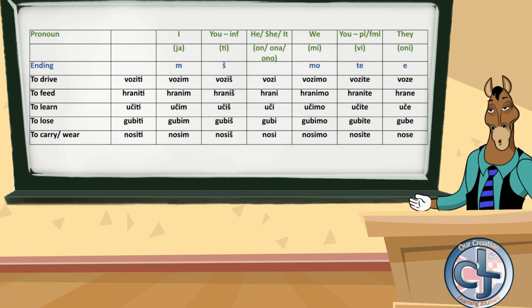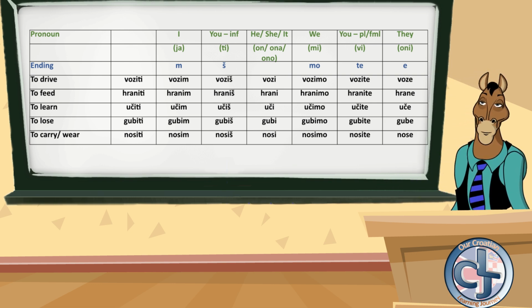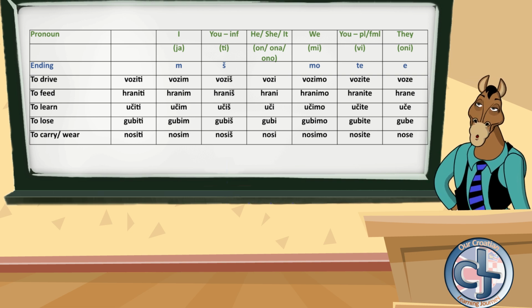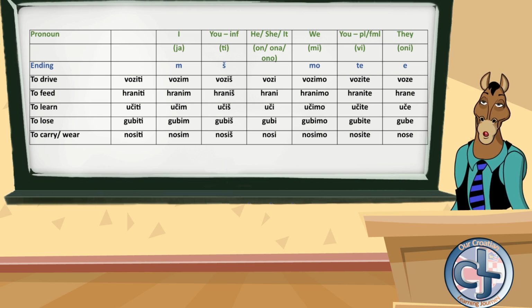So, starting with the third person, he, she, it, we have vozi, hrani, uči, gubi, nosi. Then the first person column, or I, we have vozim, hranim, učim, gubim, nosim. Second person is voziš, hraniš, učiš, gubiš, nosiš.